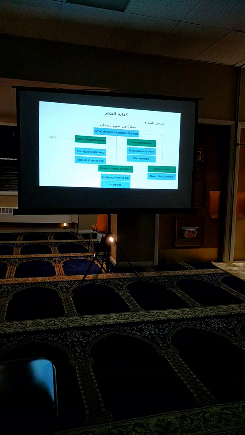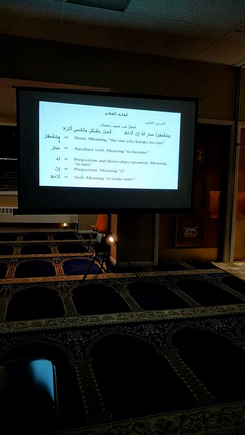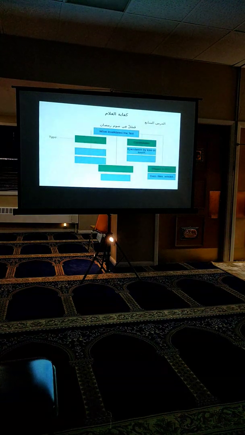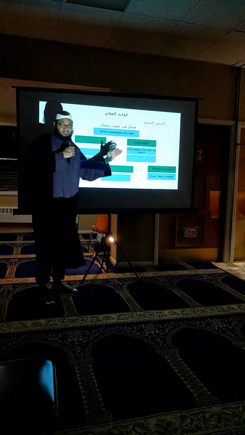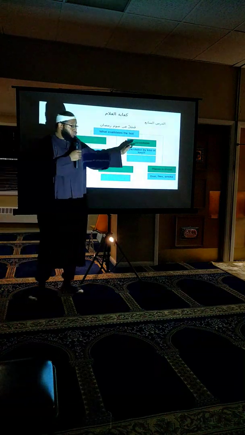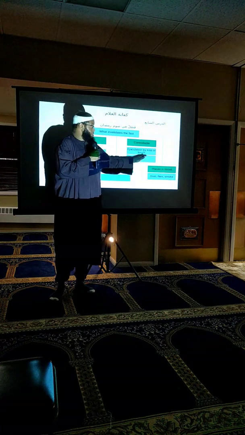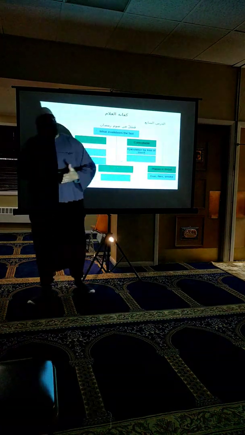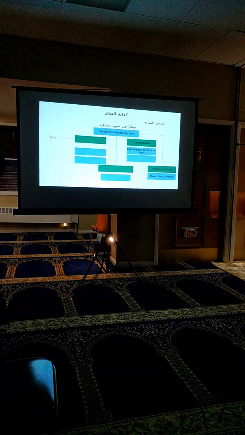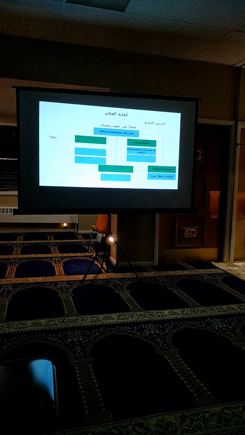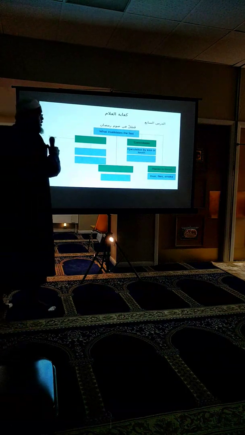Okay, all right, so with that, we're going to skip all of this stuff because we covered this as well. And this is where we actually finished last class. We spoke about some things which invalidate the fast. We covered things that are controllable, such as ejaculation by kissing or touching. So if you touch yourself or someone else, and you ejaculate, that breaks the fast.